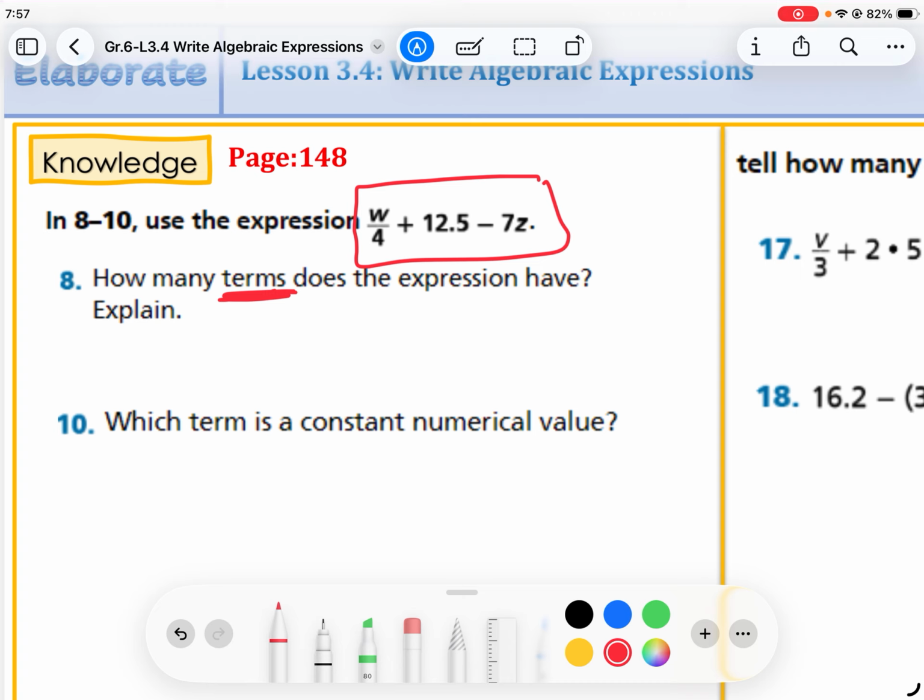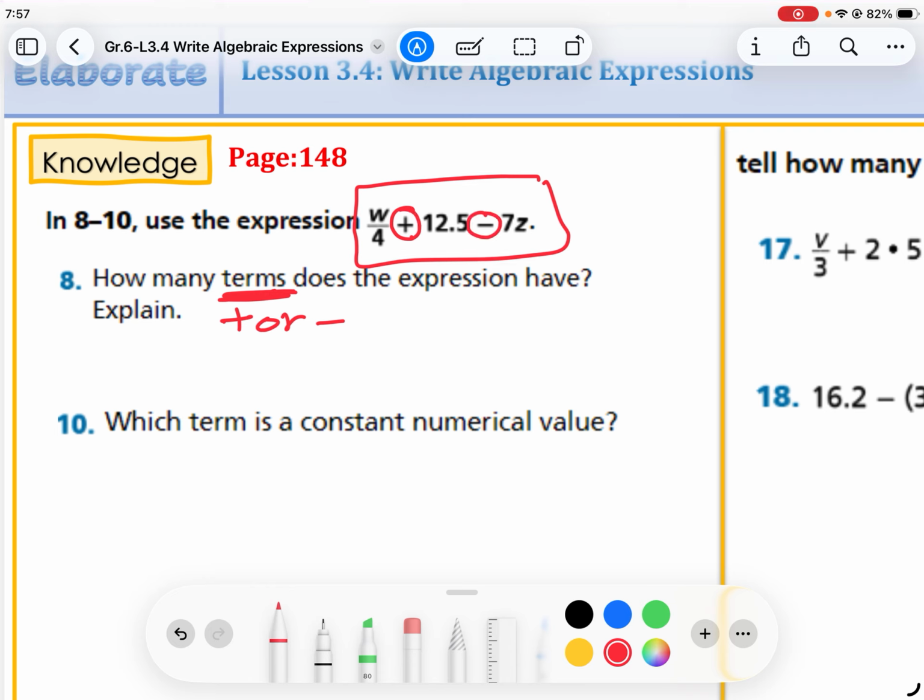What do we know about terms? We know that they are separated by addition or subtraction. So let's look at the first one. W divided by 4. You cannot say W is a term and 4 is a term. No, because terms are separated by addition or subtraction.